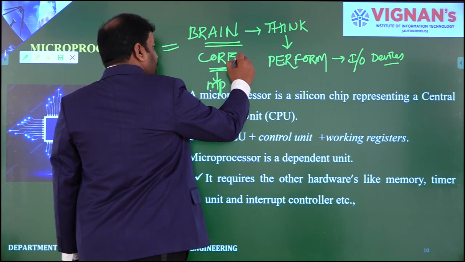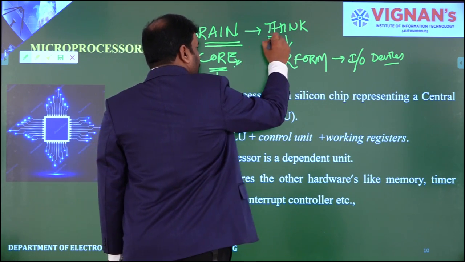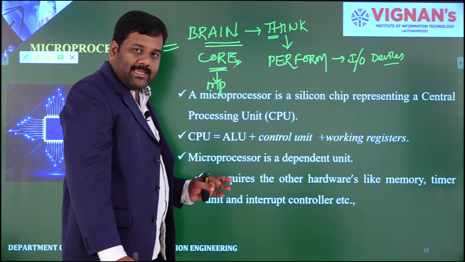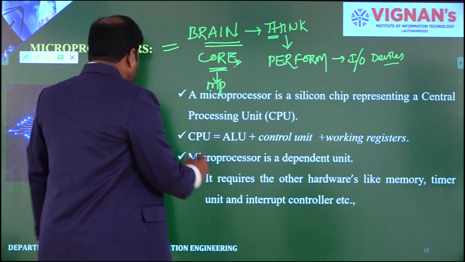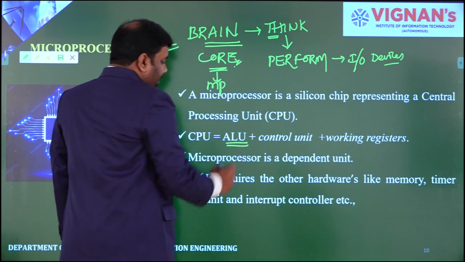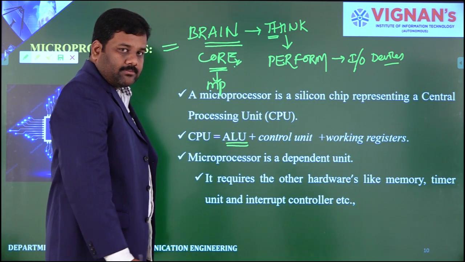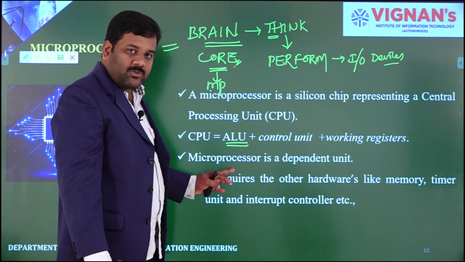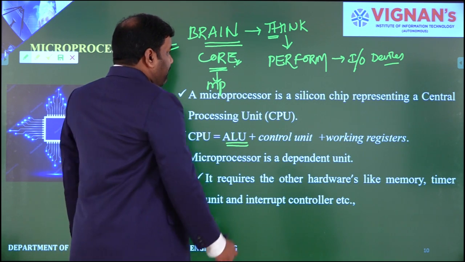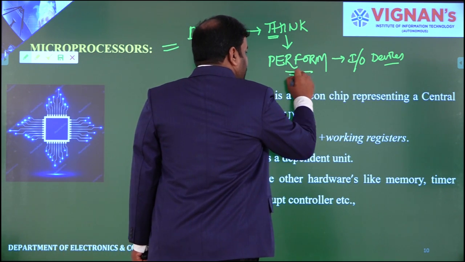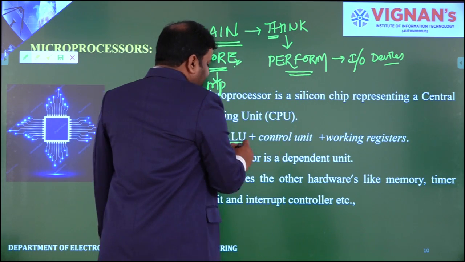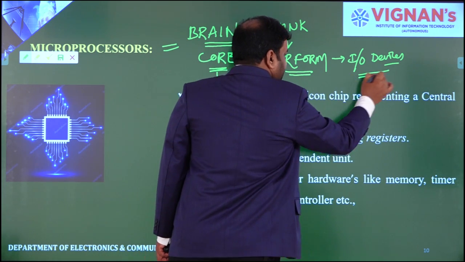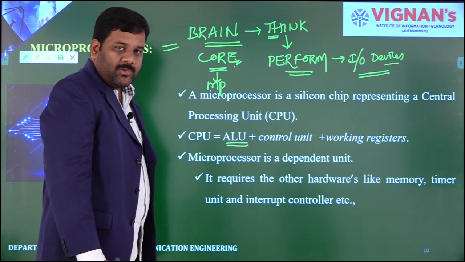Once I have a core, it can think, execute or perform any action by using the ALU, the arithmetic and logical unit. But once the process has been executed by the ALU, to display the output of the ALU it needs IO devices.